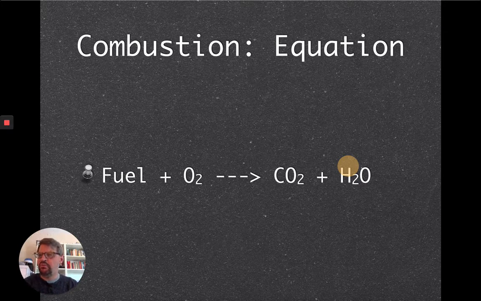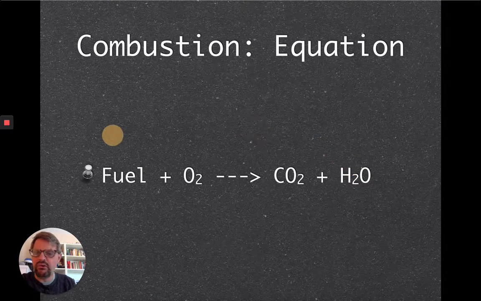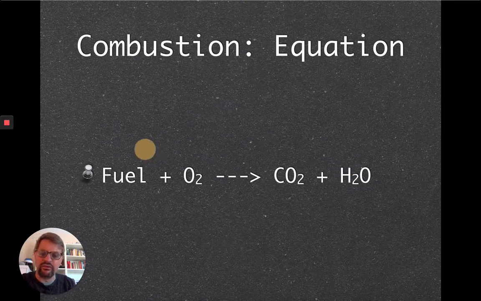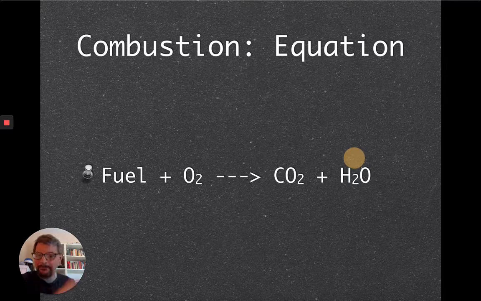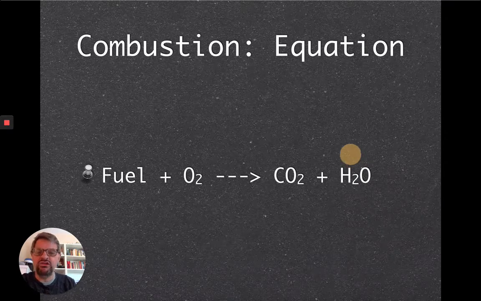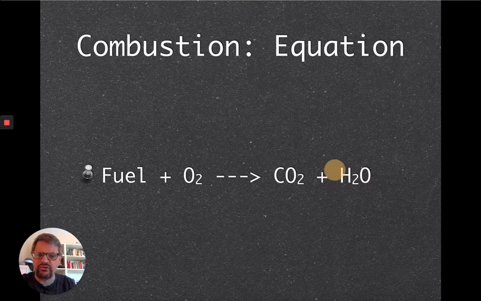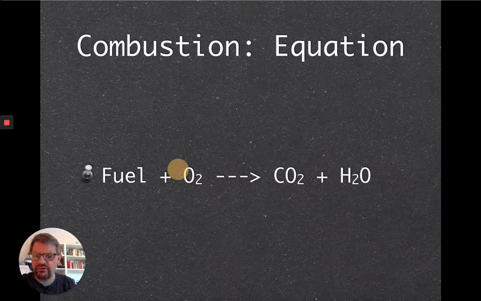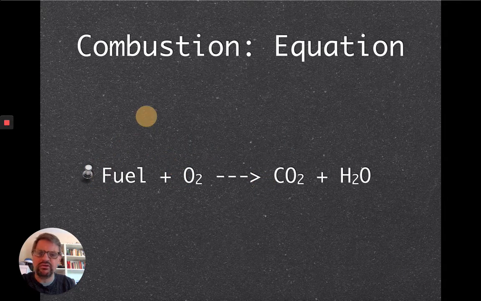When you balance, you have to ensure that you have the same number of atoms of each element, both over here in the reactants and over here in the products. So you have to balance the equation. And you do that by changing these numbers, the coefficients that go to the left of each compound.